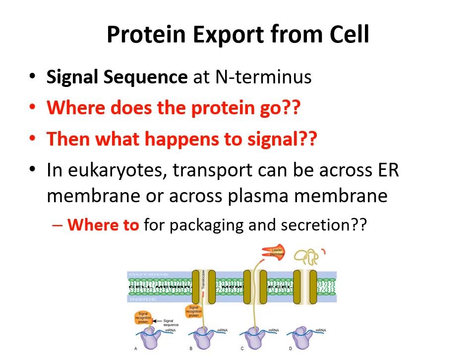Now, once the proteins have been made, they're not going to be used exactly where they're made, which means you need some way to have the protein exported or transported out of the cell. The way cells can do this is there will be a signal sequence at the N terminus, and that sequence gets recognized by what's called a signal recognition protein.